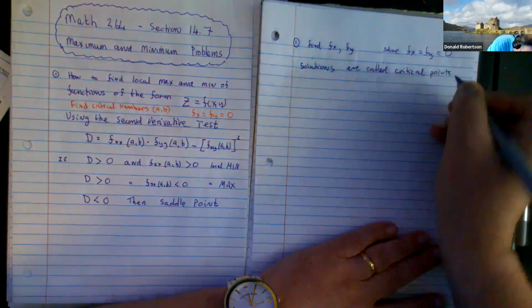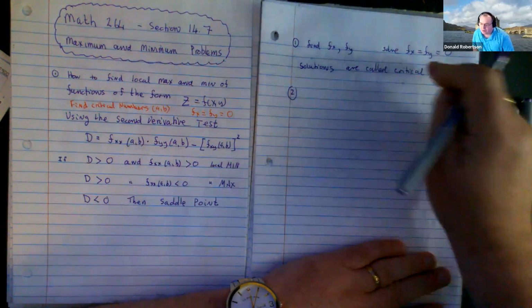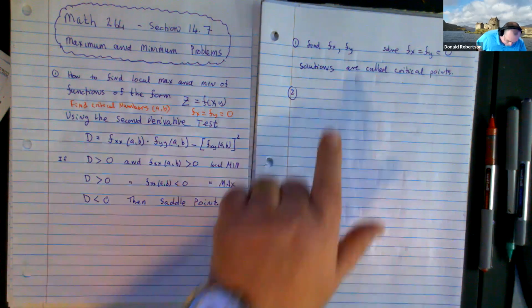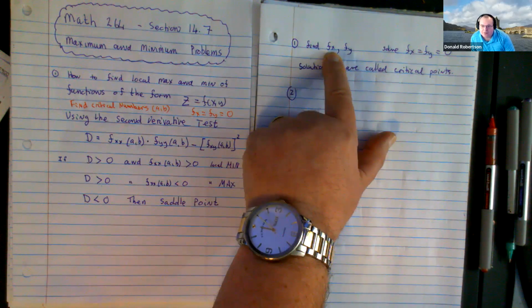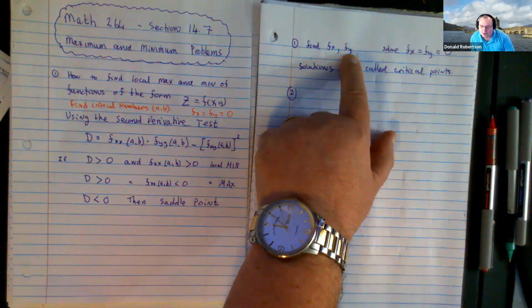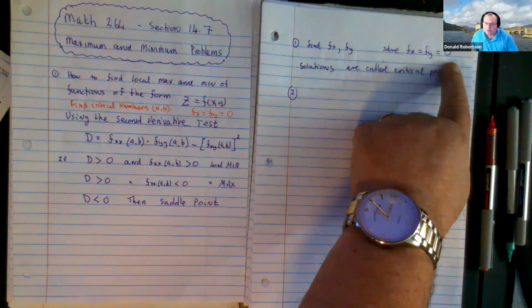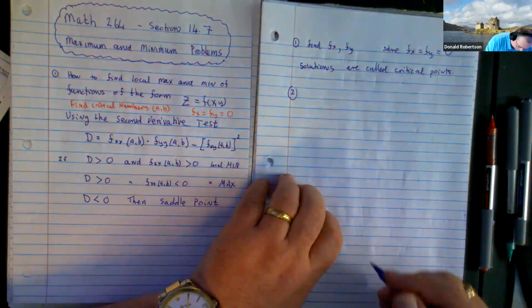Once you've identified, maybe you'll find 2, maybe you'll find 1, maybe you'll find 5, right? Who knows? But you find all the critical numbers by finding the first partial derivative with respect to x, the first partial derivative with respect to y, find out when that guy is equal to 0, find out when that guy is equal to 0, actually when both of them are 0, and you'll come up with some critical numbers.